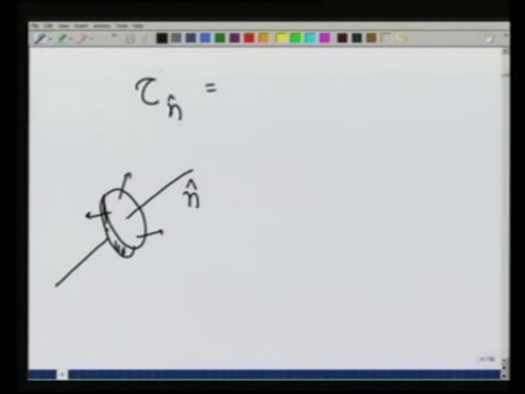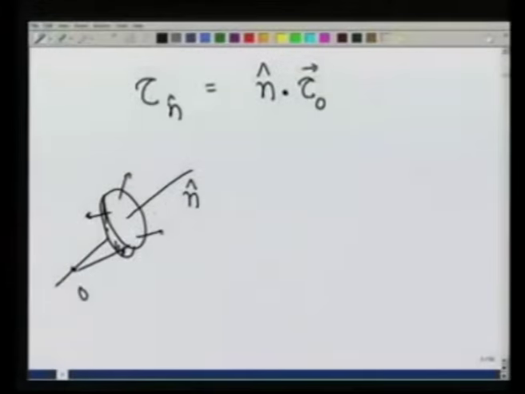Then the torque about the axis n is going to be equal to the dot product of n with respect to the total torque about, say, the origin O. Although I am writing origin O, the torque about an axis is actually independent of where this origin is taken, because it only depends on the perpendicular distance of the forces from the axis.